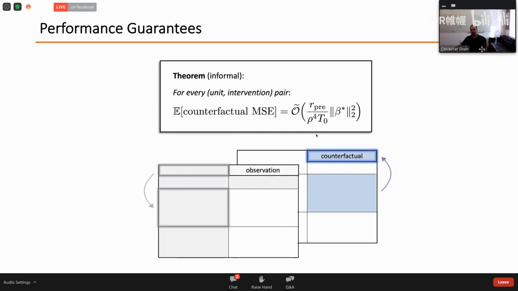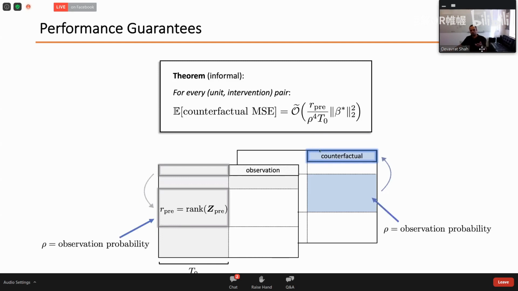This is the rank of our pre-intervention setup. And rho, which I have not spoken about yet, but we allow in our model for a fraction of data also missing. So if everything is observed, of course, rho is 1. If data is missing, then the error would scale like 1 over rho to the power 4. And there's an additional dependence on the true underlying model parameters. Okay.